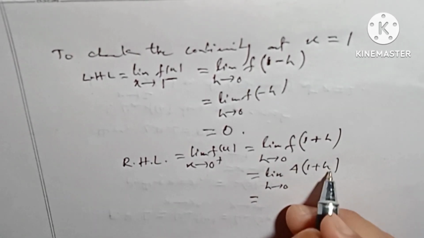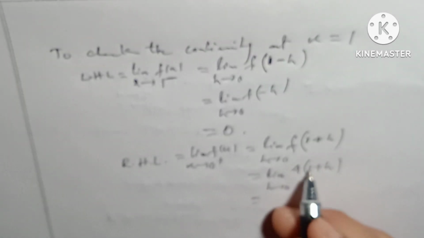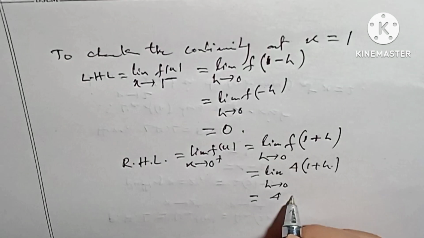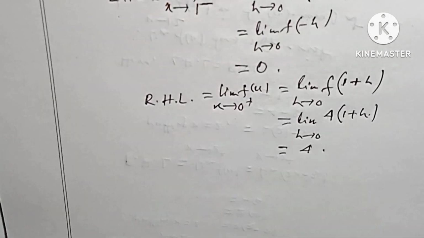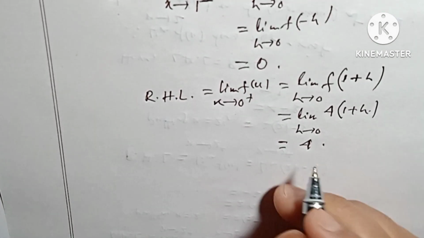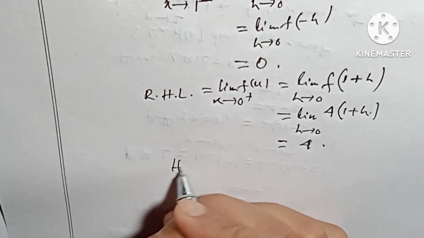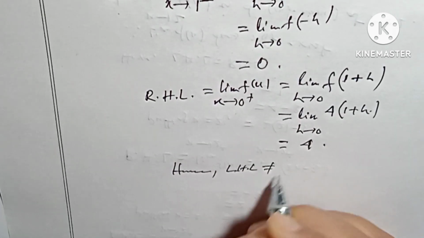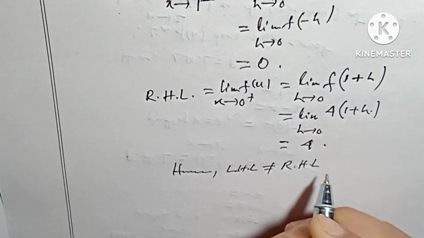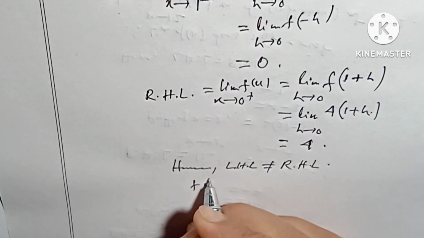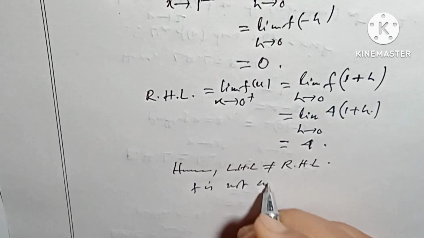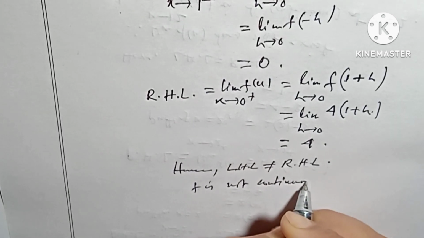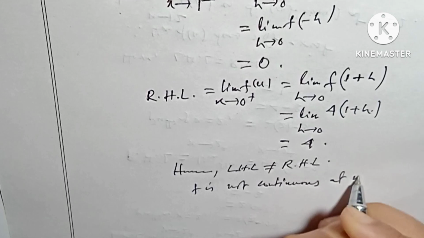Let us put the value of h equal to 0. Then it is 4 into 1 plus 0, which is 4. Hence the left hand limit is not equal to the right hand limit. f is not continuous at x equal to 1.